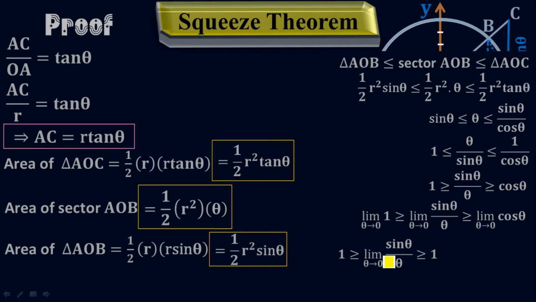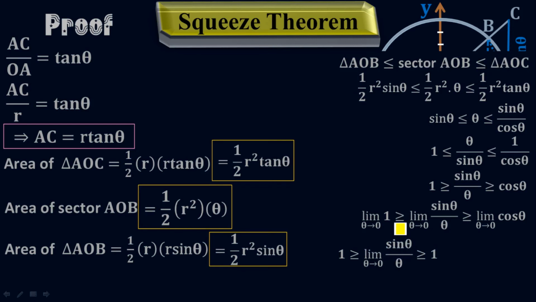It cannot run away. So whatever value the other functions have, it must have the same value. Suppose this one is the g function and this one is the h function. So h is 1 and g is 1. So this middle function, which can be f, must have the same value 1.